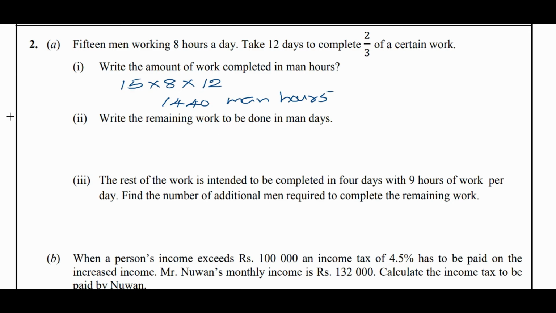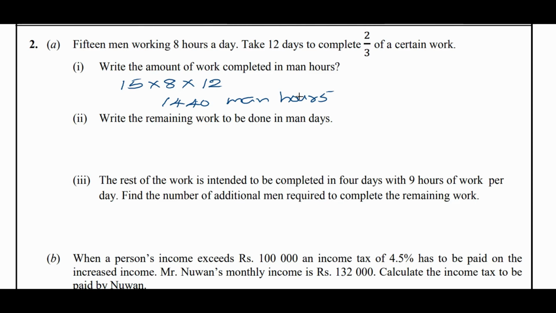Second part, write the remaining work to be done in man days. First, we will find the remaining work in man hours. Then it will be converted into man days. They have completed 2 out of 3 of a certain work. That 2 out of 3 equals 1440 man hours.